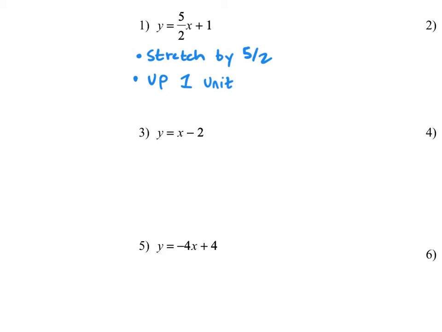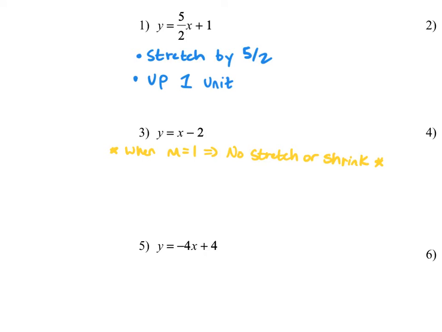I want to make this note because I don't think I did a good enough job the other day. When m equals 1, that means there is no stretch or shrink. So that simply means you do not list anything. So at this point, we've got no reflection, so we don't have to say anything.